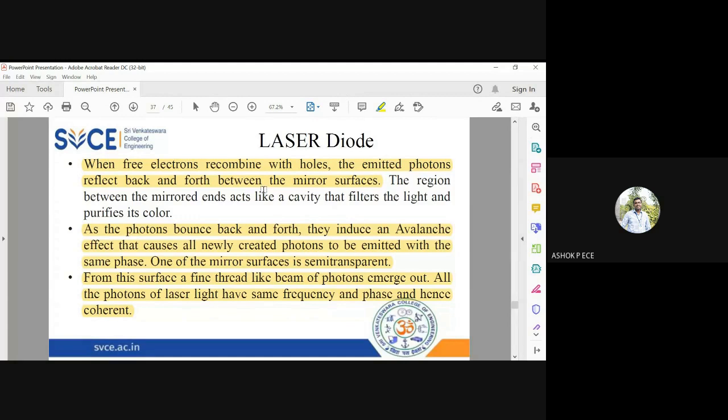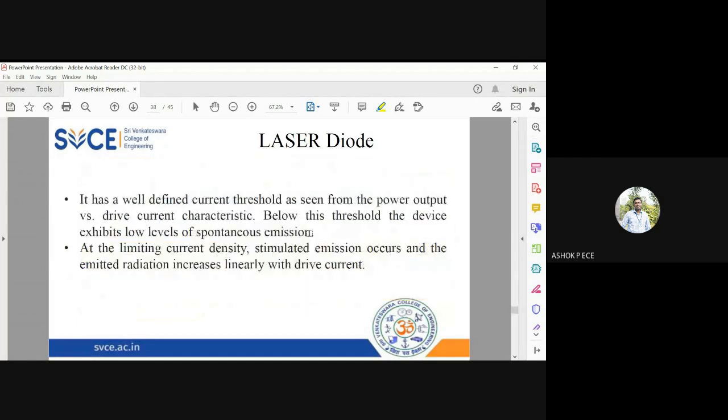Once they form the avalanche effect and the required amount of photons are collected, they start coming out of one of the mirrors, which is semi-transparent, giving rise to a highly intense coherent beam of light. The photons inside the light will have the same frequency and the same phase. When frequency and phase are the same, you use the term coherent to name the photons.